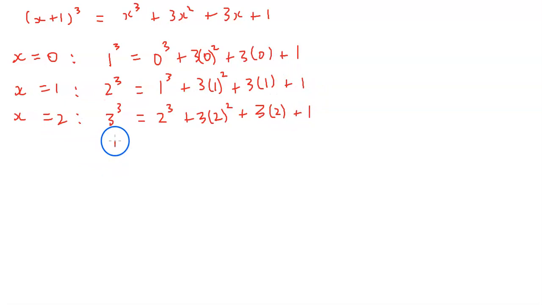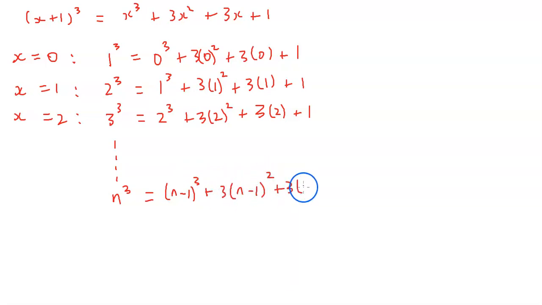And we keep going. And then at the end, we're going to get, okay, not quite the end, the row before the end is going to be n cubed is equal to n minus 1 cubed plus 3 times n minus 1 squared plus 3 times n minus 1 plus 1.